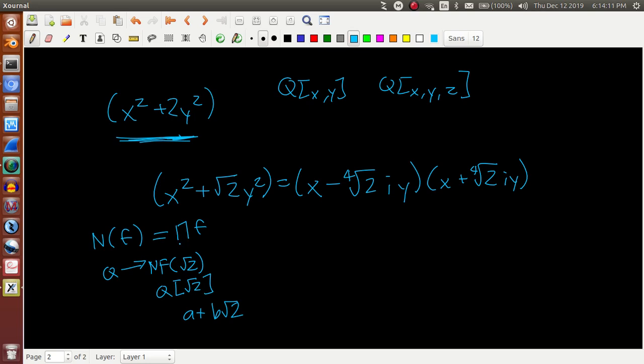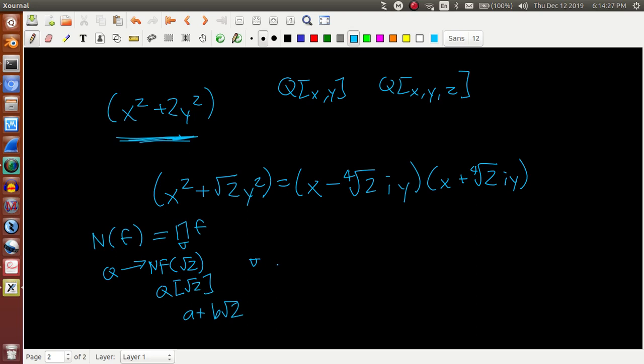So it's a product over sigma in this case, where sigma are all the automorphisms of the number field here that fix the base field.